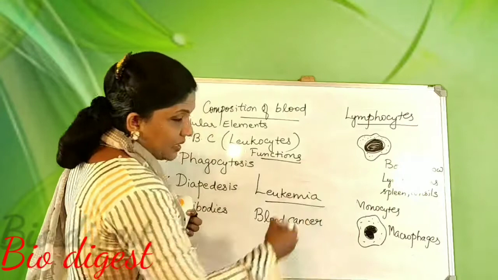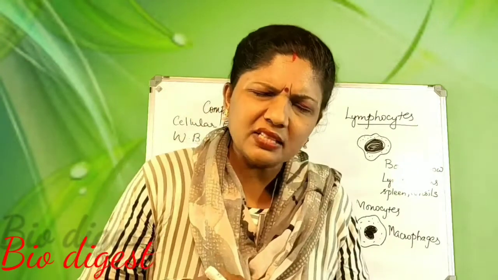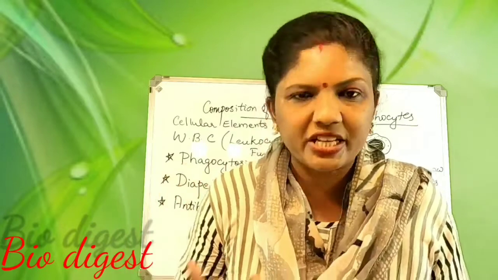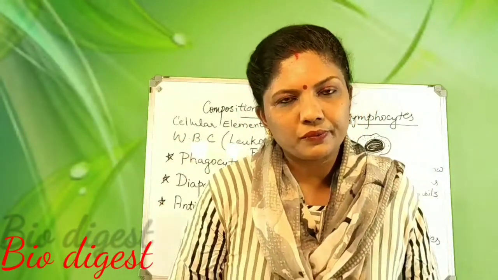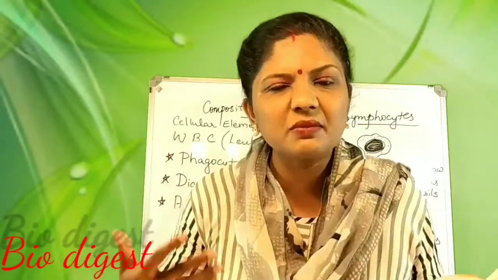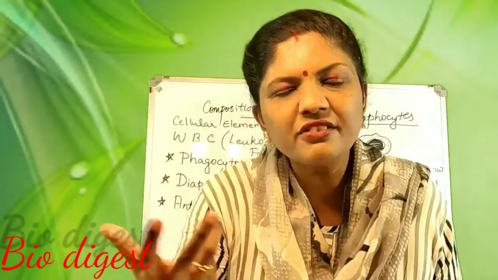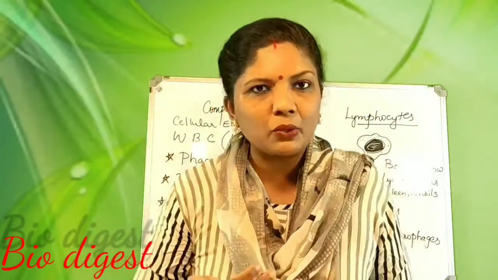So usually the number of WBCs will be increased. Usually this can happen even when the body is having some sort of infection. But its count has to come down, because when we are having some sort of infection, we will be definitely taking the medicine for that. So after taking the medicine, it has to come down.